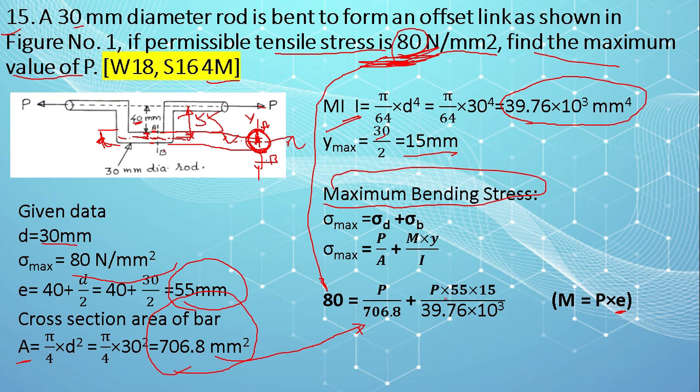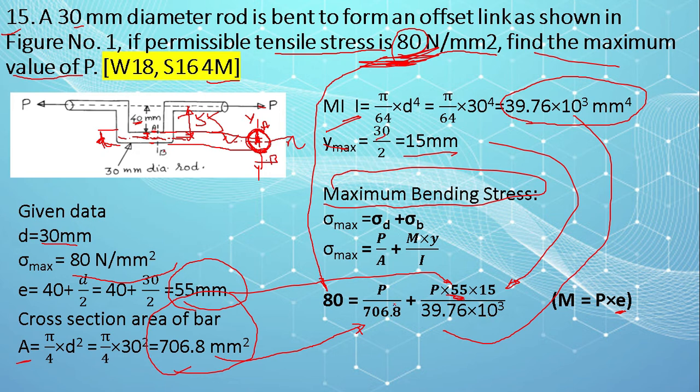Therefore P multiplied by 55, which is the value of e, eccentricity. Now this 15 is the value of y, and moment of inertia is 39.76 into 10 raised to 3.